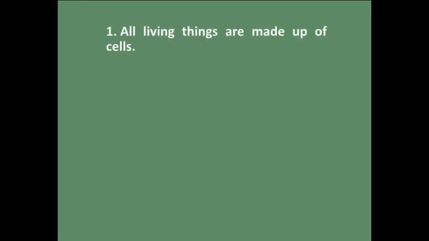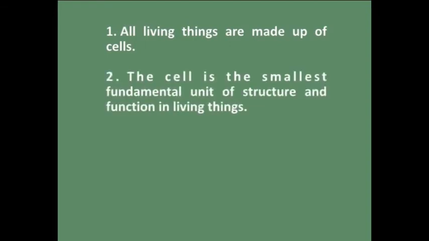The classical cell theory has been extended to formulate the modern cell theory by incorporating further discoveries. The generally accepted parts of modern cell theory include: the first is all living things are made up of cells. The second part is the cell is the smallest fundamental unit of structure and function in living things.